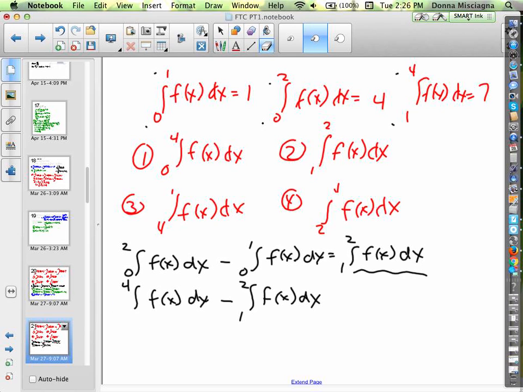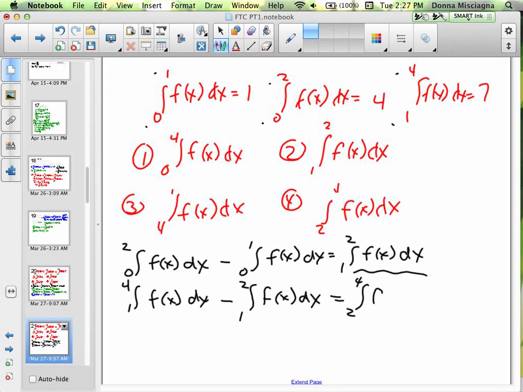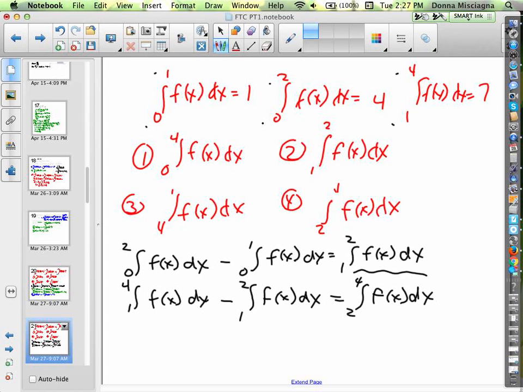It'd help if I didn't write it down as 4 to 0. Take the 4 to 1 and subtract the 1 to 2. Now we've got the 2 to 4. There we go. So sometimes it might be helpful to break it up. All right, so now let's figure out each part.